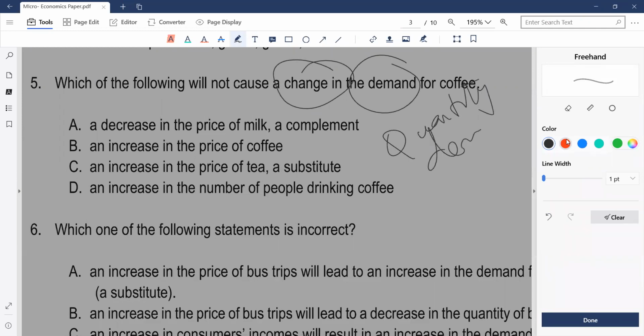They are not talking about quantity demanded, but they are talking about the change in demand. So, which of the following will not cause a change in the demand for coffee?